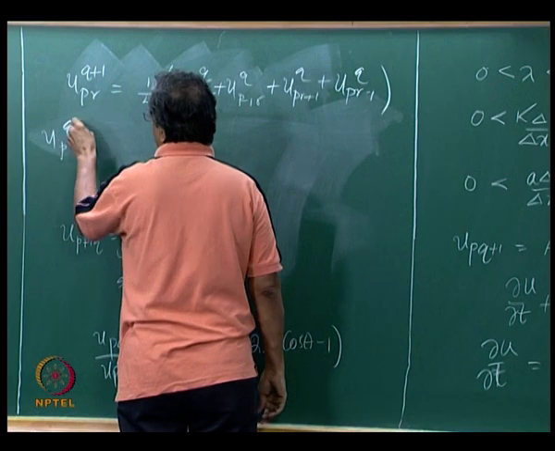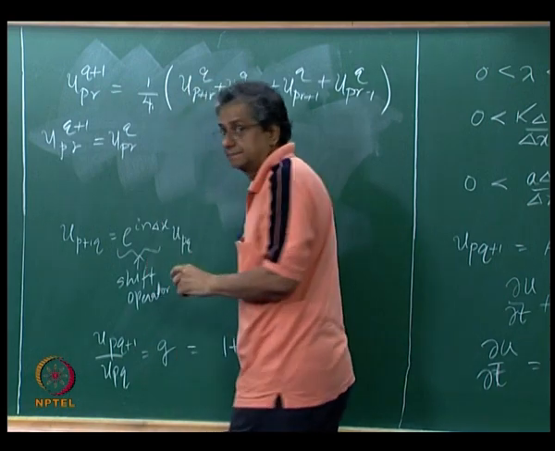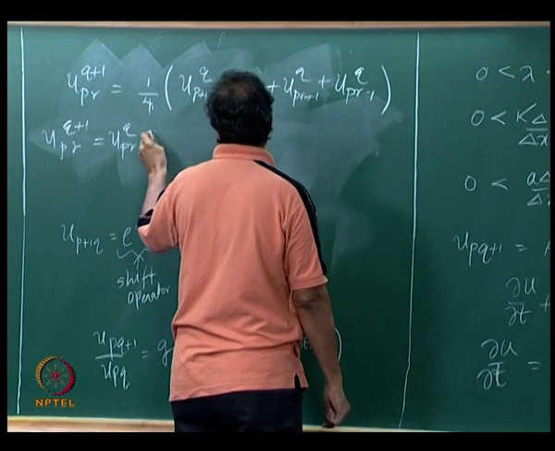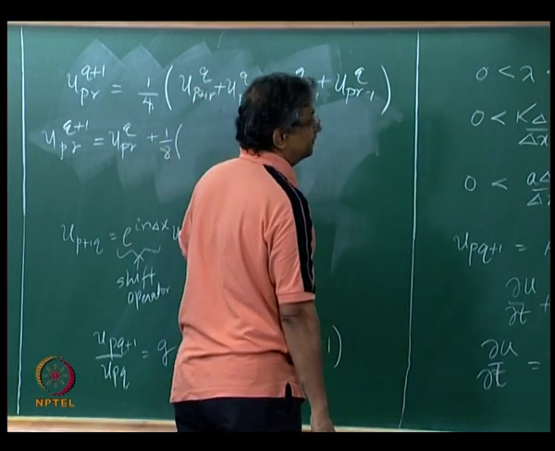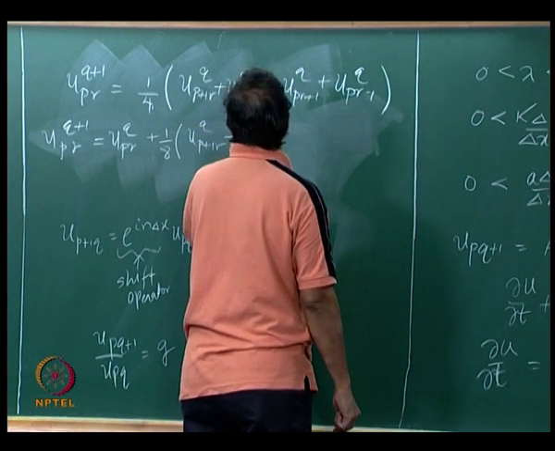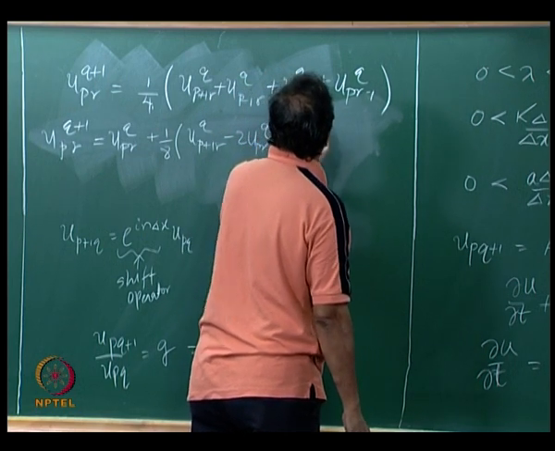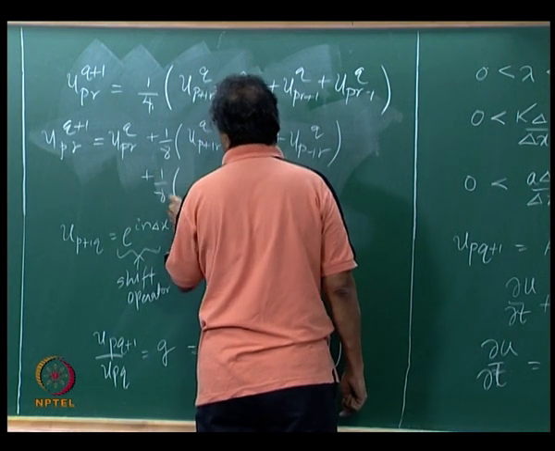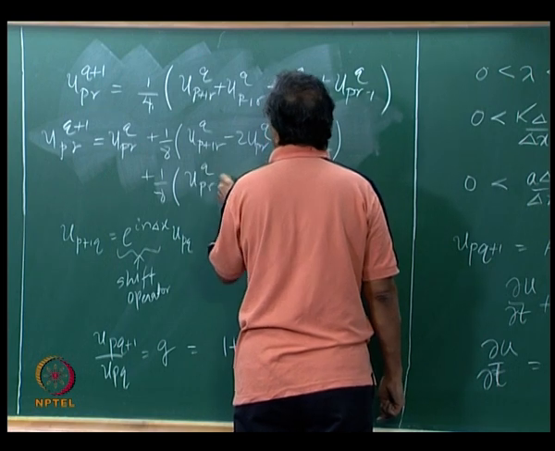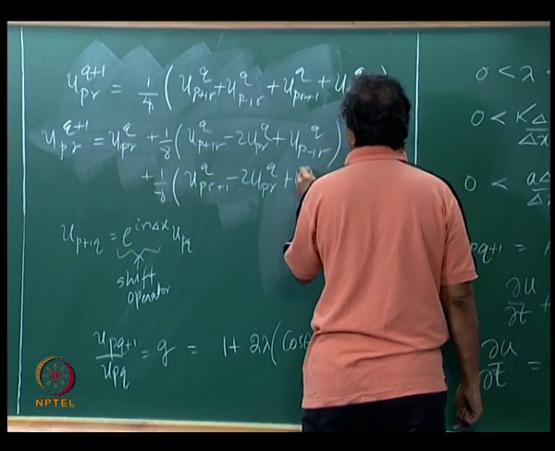U p r q plus 1 equals U p r q, lambda is 1/8, maybe you can just read it out, plus 1/8 of U p plus 1 r q minus 2 U p r q plus U p minus 1 r q, plus 1/8 of U p r plus 1 q minus 2 U p r q plus U p r minus 1 q.